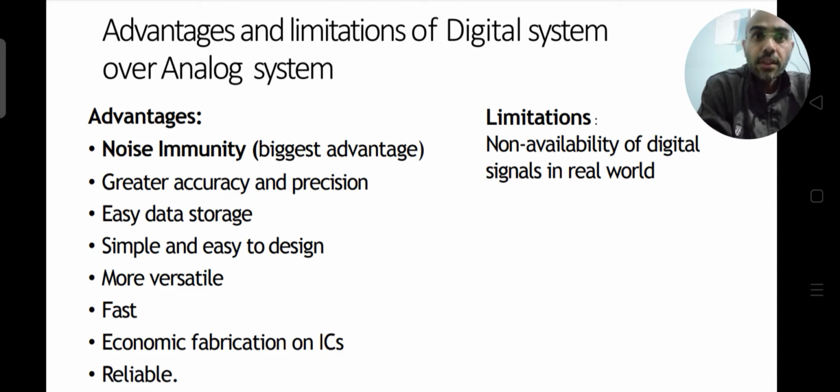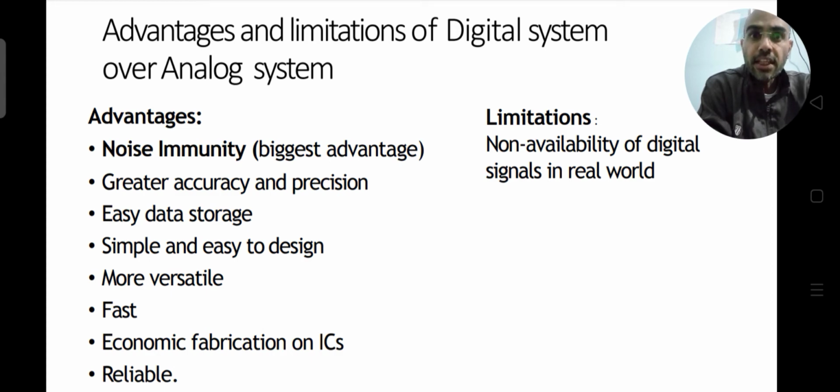Moreover, in the digital domain, it is very easy to store the data, because in an analog signal we have to store all the amplitudes at all the frequencies.